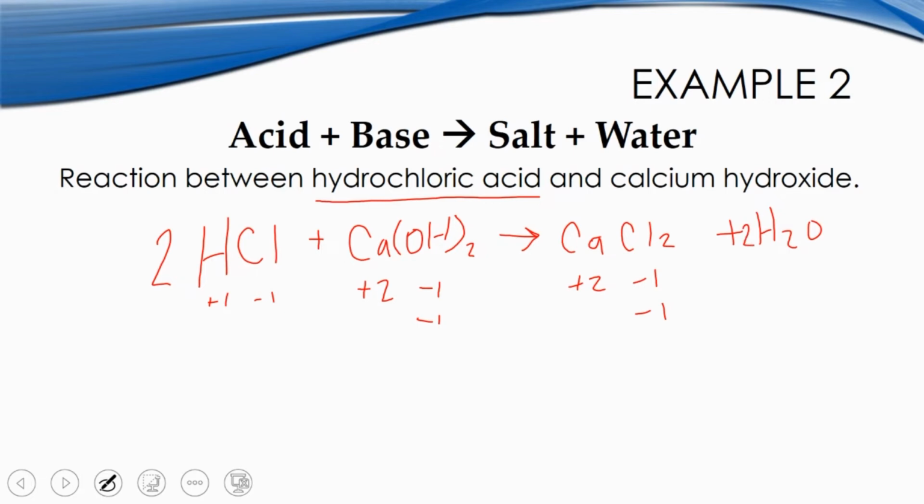Now my hydrogens, I have a total of 4 on the reactant side. And then on the product side, I now also have 4. So we are good. So this is another example of a balanced neutralization reaction that we wrote down based on the names of the acid and the base that were given to us.